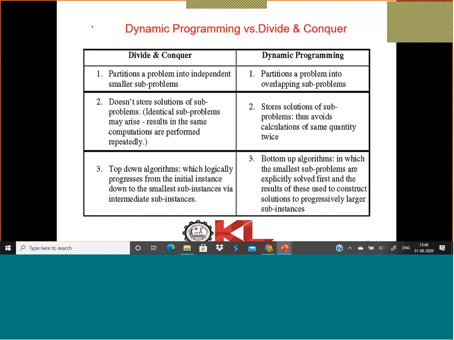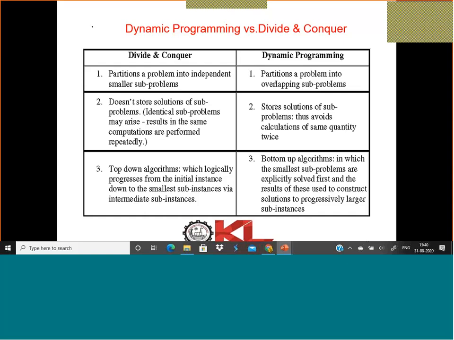Whereas in dynamic programming, it stores the solution of a subproblem whenever you solve a new one, so that the same value can be reused many times. That is the difference. The third point is that it is a top-down algorithm, so a big problem is divided into smaller ones.